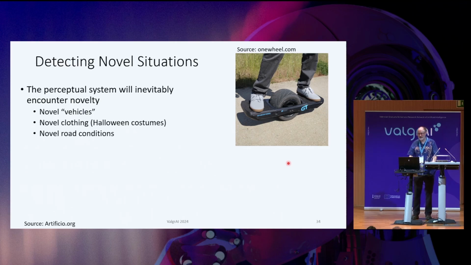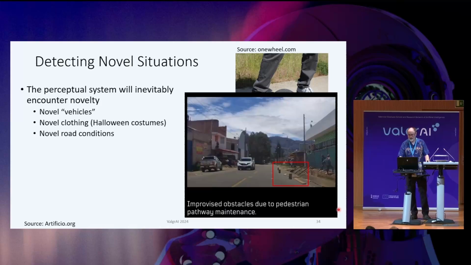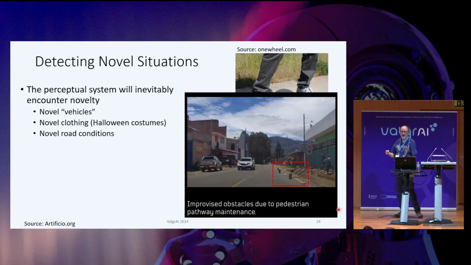In the United States, we have people wearing novel Halloween costumes every October, and of course, there are always novel road conditions. There's actually a company in Peru that is collecting data in Peru that they think will be novel with respect to North America or Europe. They have examples like this one where there's a construction site, but instead of putting up traffic warning cones, they've put concrete blocks in the road.